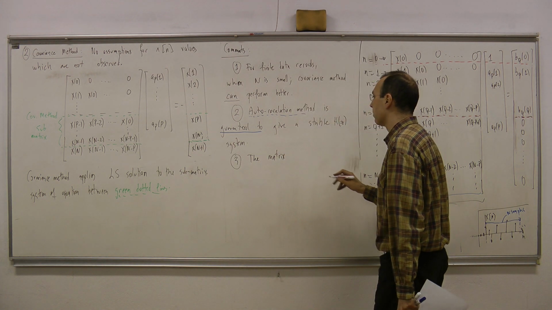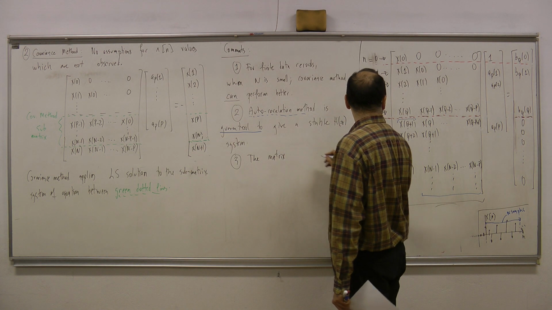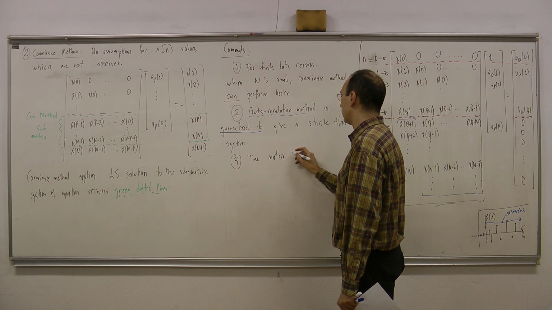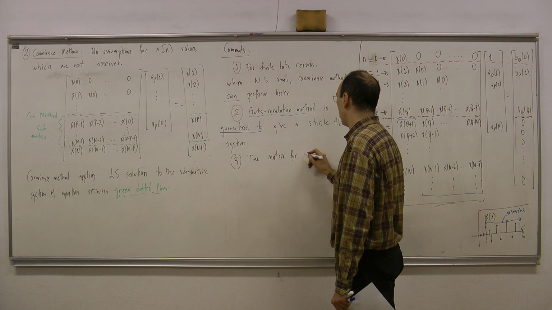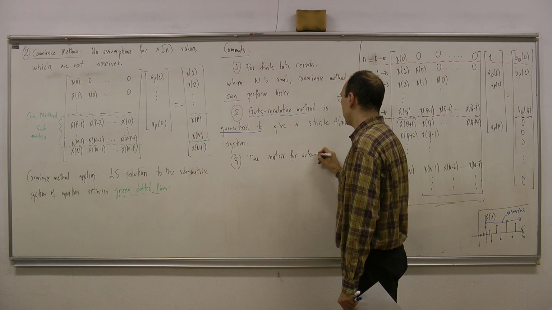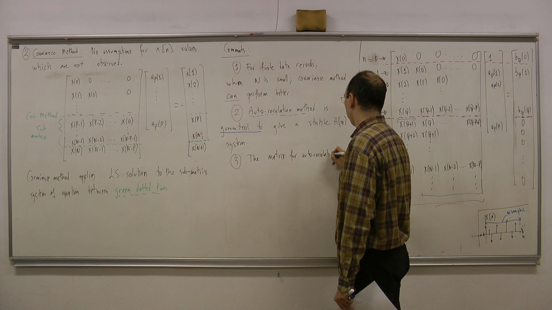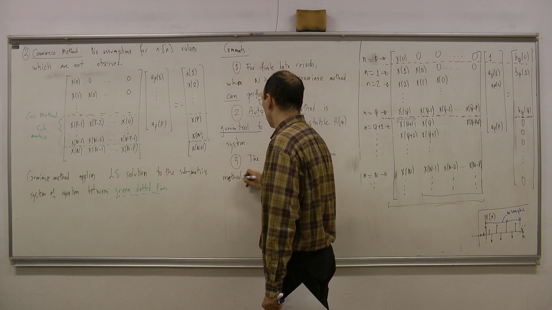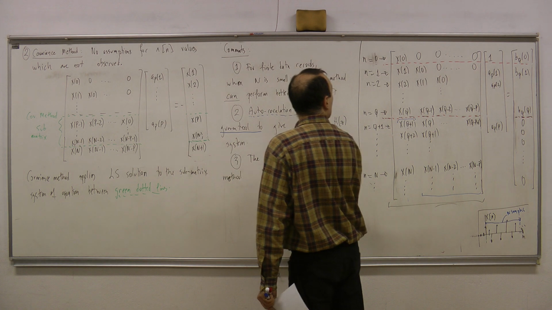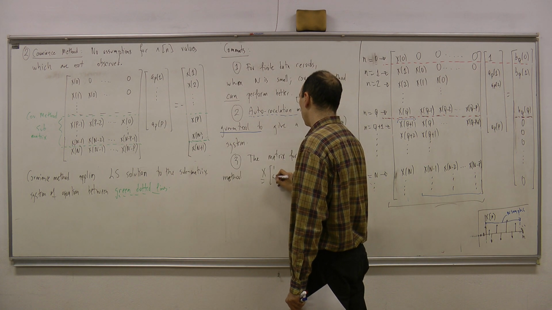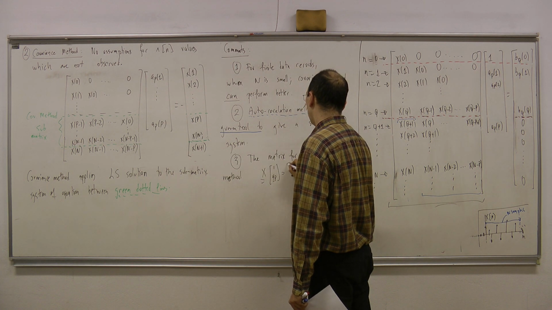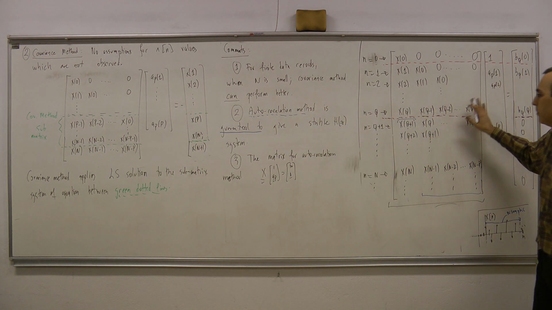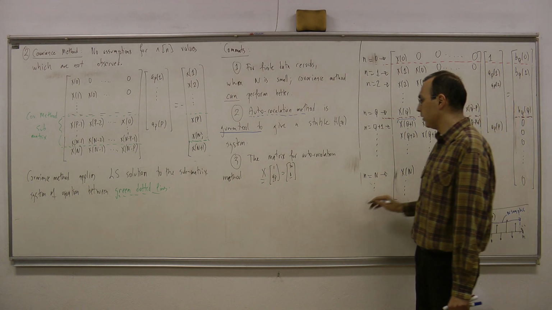The matrix for, let's say, autocorrelation methods. This equation system, X times 1 a_p is equal to b_0 and 0, X matrix with filled in zeros.